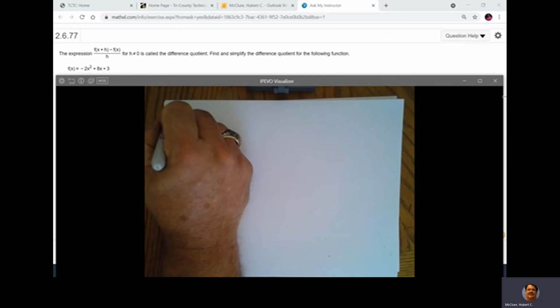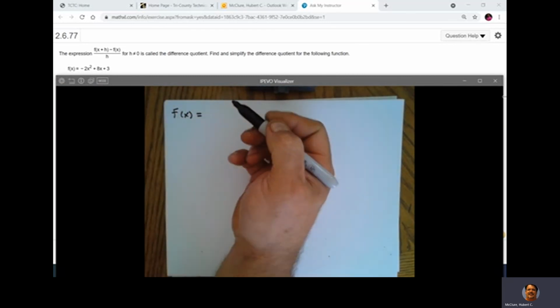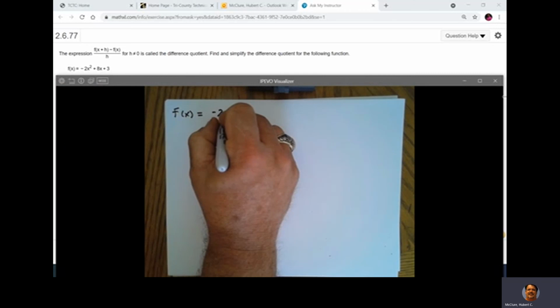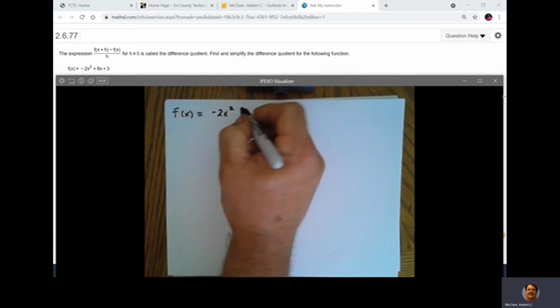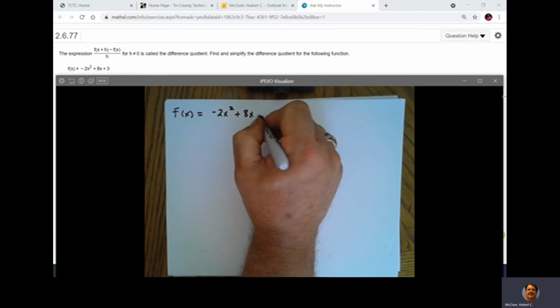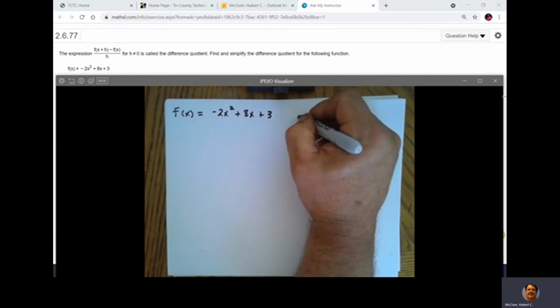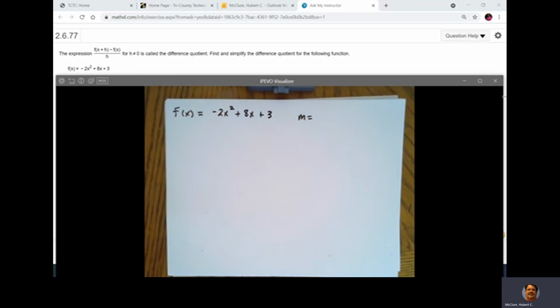So I would do f of x is equal to negative 2x squared plus 8x plus 3.